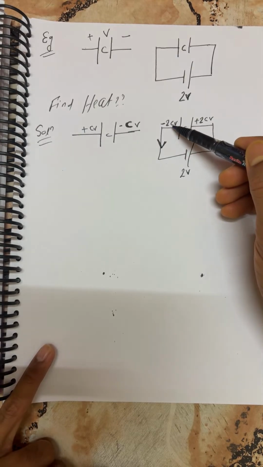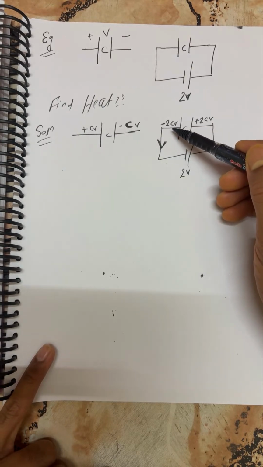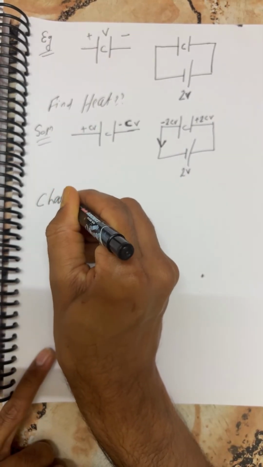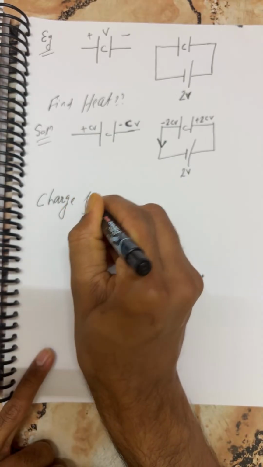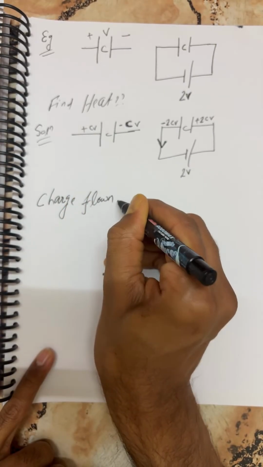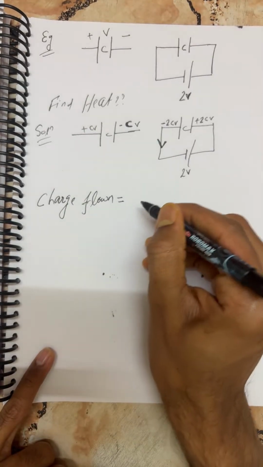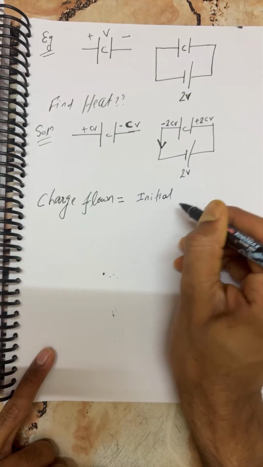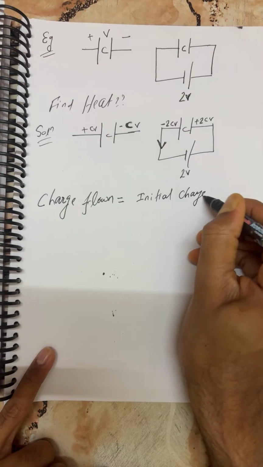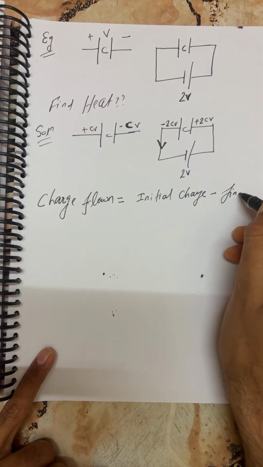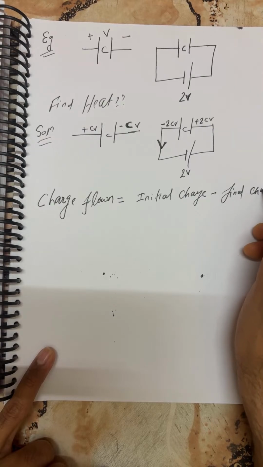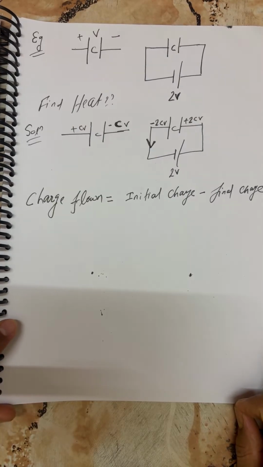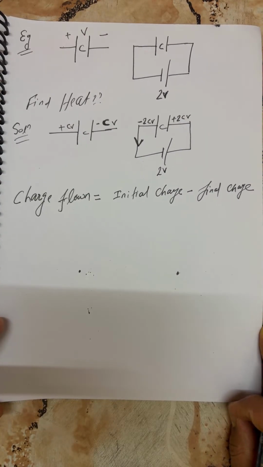If your final charge decreases, then you can do charge flow. Charge flow is equal to initial charge minus final charge.